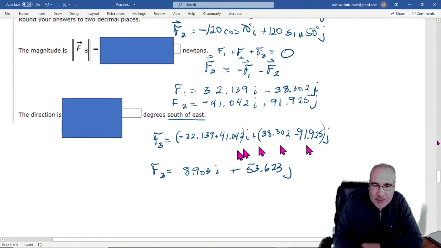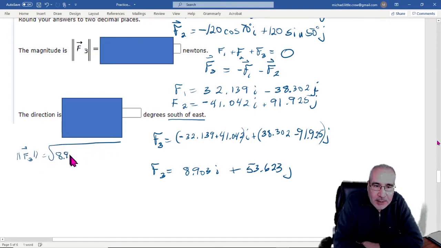So magnitude is a squared plus b squared equals c squared, Pythagorean theorem. The magnitude of F3 is going to be the square root of 8.903 squared plus 53.623 squared.